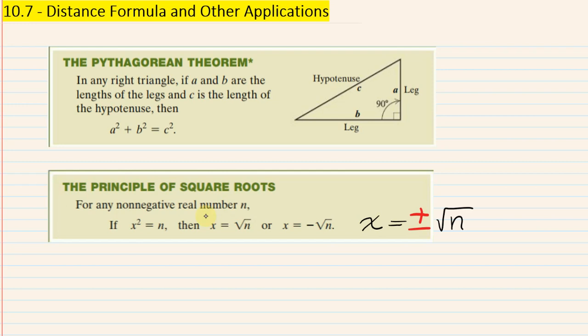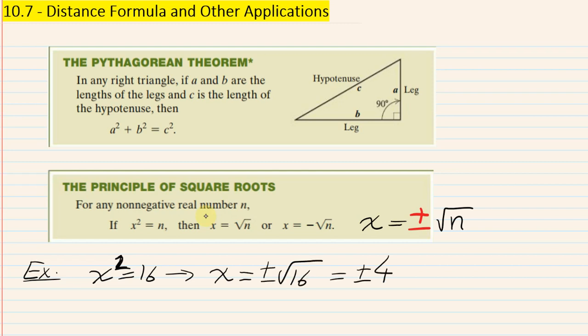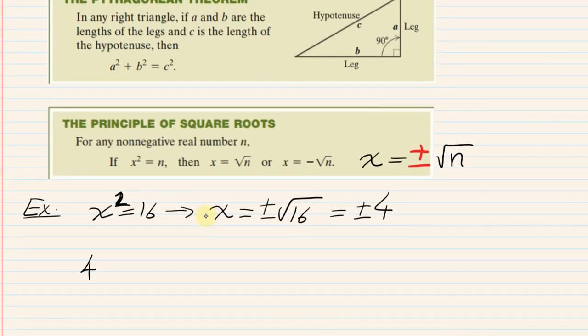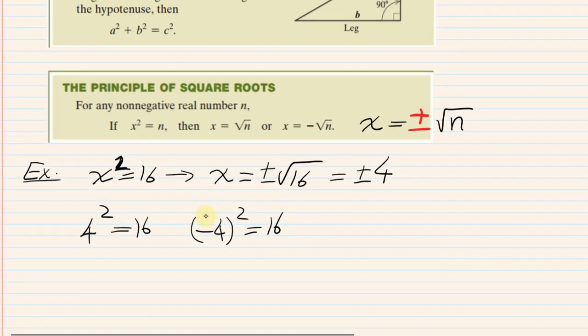Just to give you a quick example, let's say x squared is equal to 16. That means x must be plus or minus square root of 16, or plus or minus 4. And you can try it. When you go 4, you square it, it becomes 16. And -4 squared is also 16. So both of them check. And that's what that principle is.